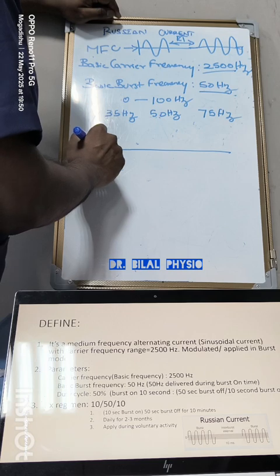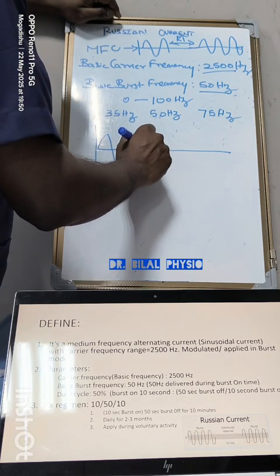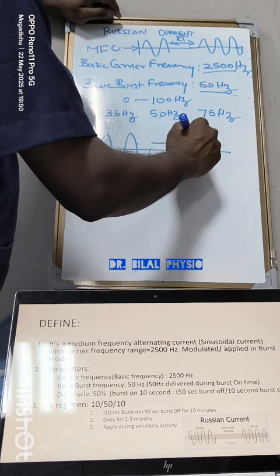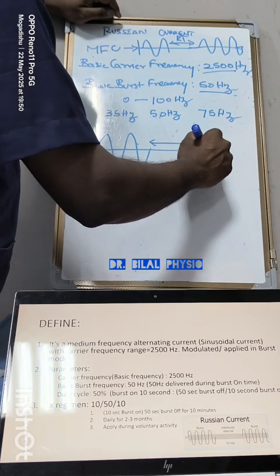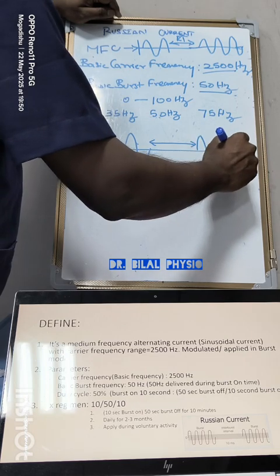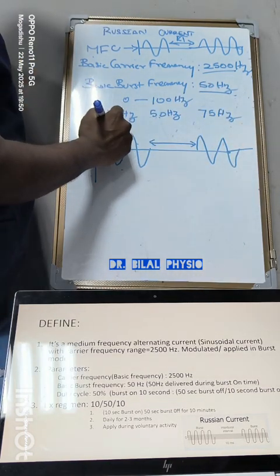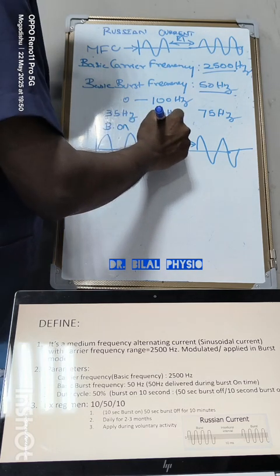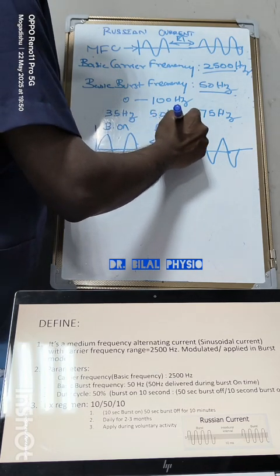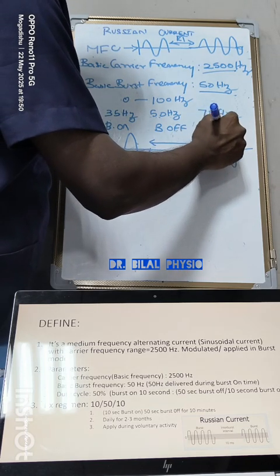Burst mode means it is applied for a period of a second, followed by the interburst interval, and again a burst on time. So this is the burst on time, burst off time, and again on time.